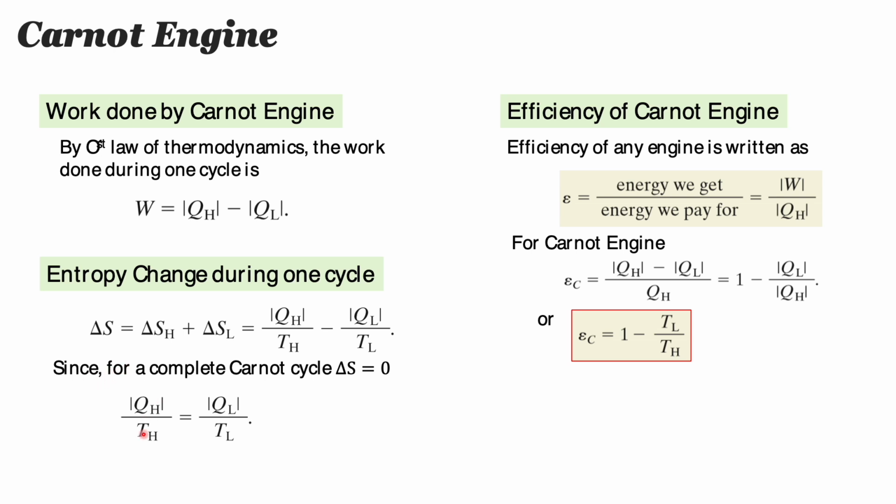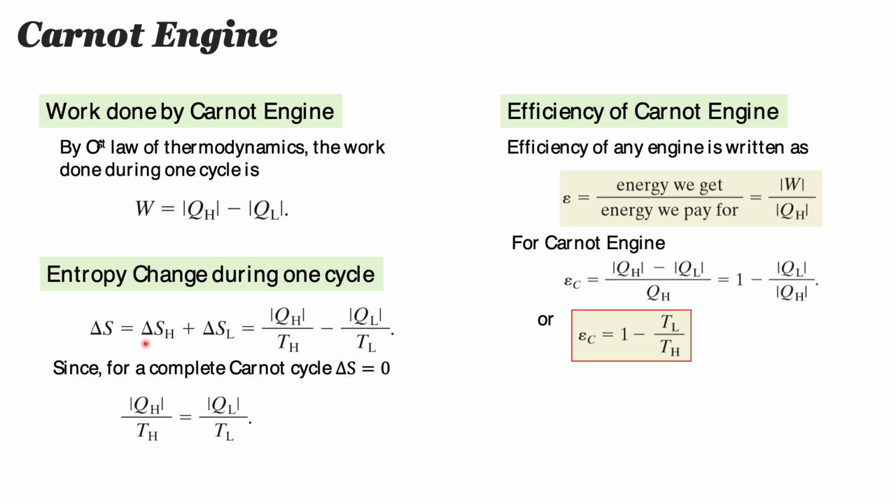Therefore we can write it like this: since for a complete Carnot cycle delta S is equal to 0. That is why, because you remember from the previous graph we start from A and go back to A. The entropy also comes back to its initial state, therefore the change will be equal to 0 because it has come back to its original value.